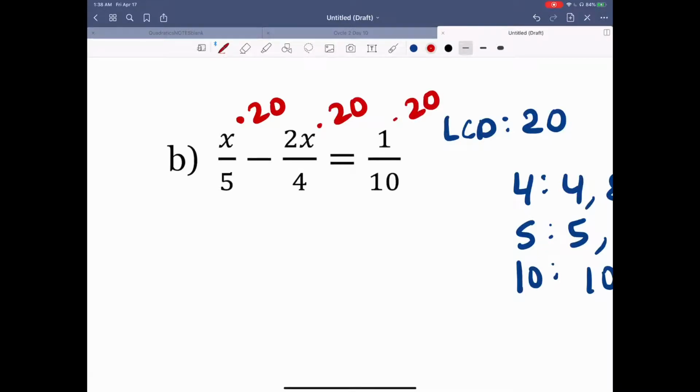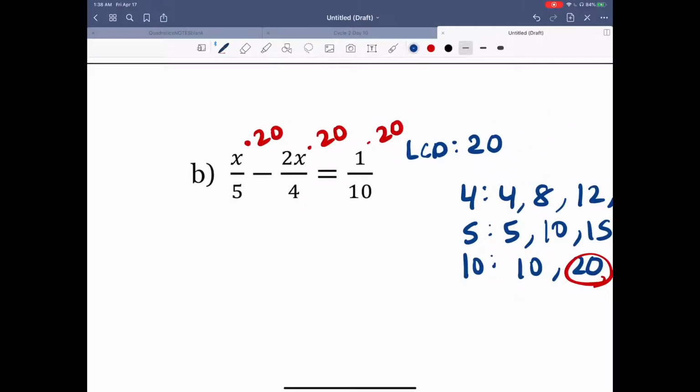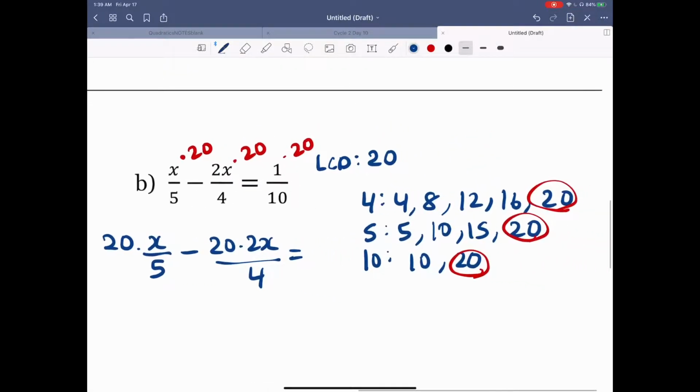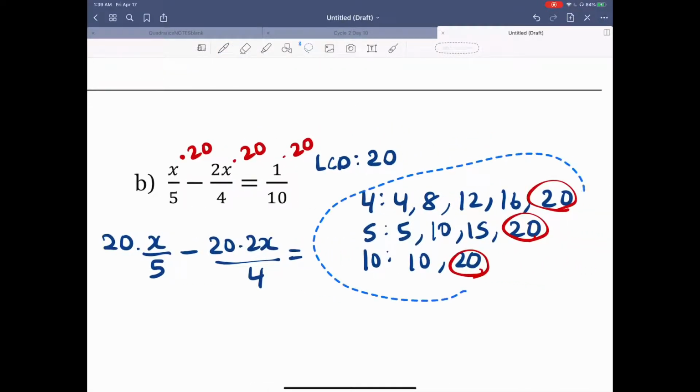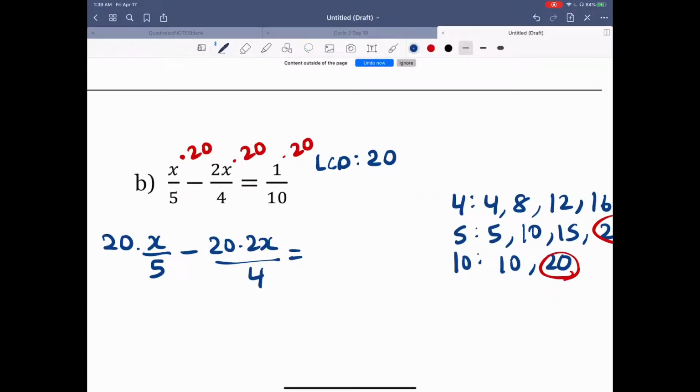If I leave it like that, sometimes it won't be really clear what part cancels out how. So I'm going to write it like this. So 20 times x divided by 5, minus 20 times 2x divided by 4 equals, and I'm going to just move that over to the other side, 20 times 1 over 10.